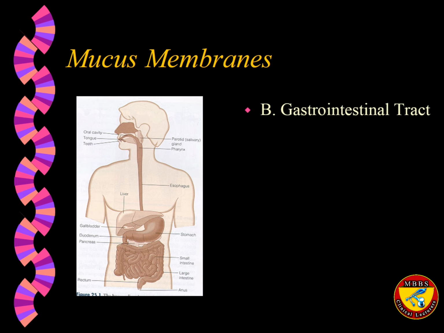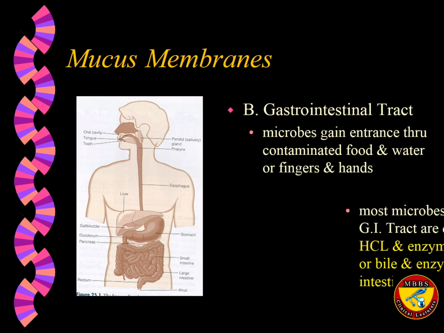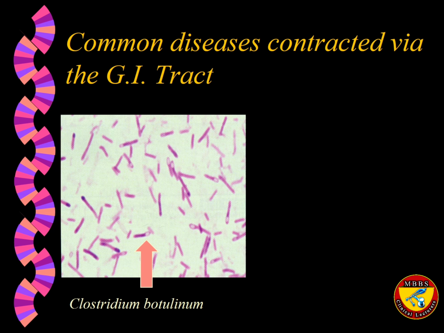Then another tract is the gastrointestinal tract, in which the orofecal route is used and the microbes gain entrance through contaminated food and water and fingers and nails. Microbes that enter the GI tract are usually destroyed by the hydrochloric acid of the stomach, but certain bacteria do survive.